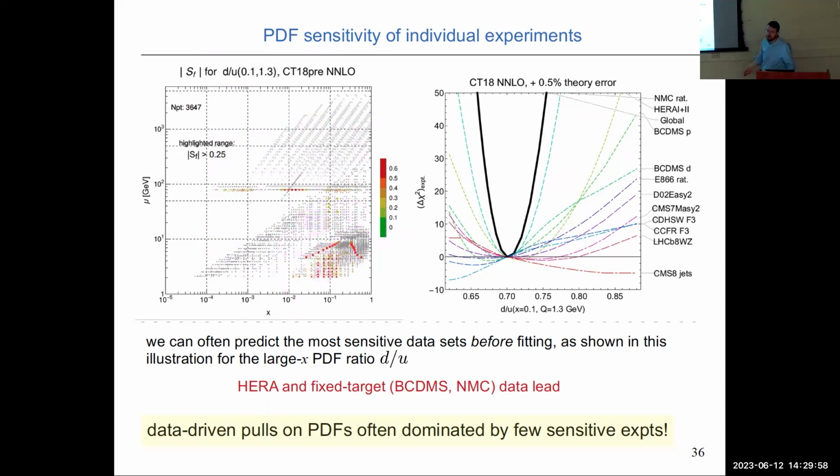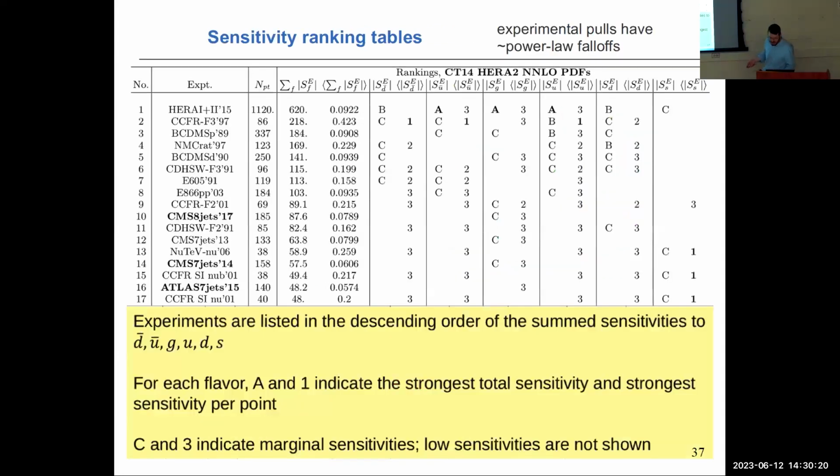There's maybe some neutrino measurements, for instance, or maybe data from older experiments from before you and in fact I were born, with names like BCDMS and even older. Then what you find is that it's usually just a subset of measurements that are particularly important. So the data-driven pulls tend to be dominated by a handful. You can actually score the various experiments in a global fit. This is just some sort of scoring scheme.